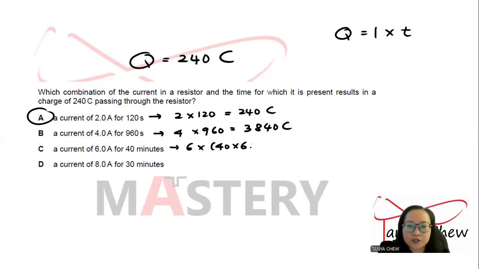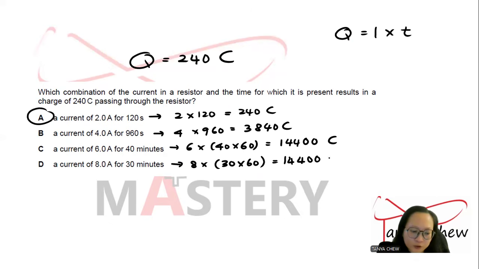I have to change that minute to second, so I'll get 14,400 coulomb. And D, current is 8 ampere, but the time given is in minutes. So I have to change that minute to second, so I multiply by 60. I also get the same answer, 14,400 coulomb. So A is the answer.